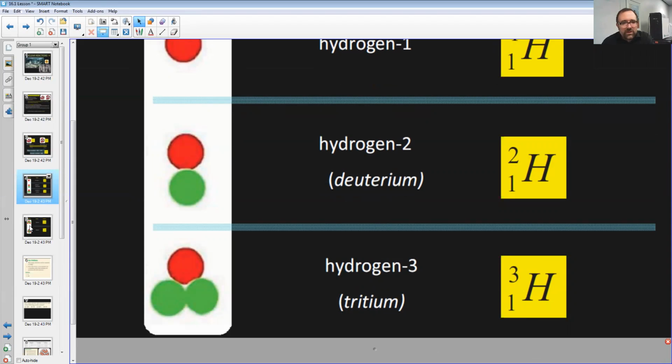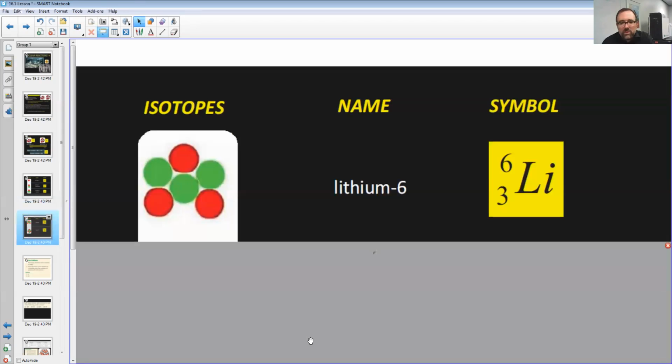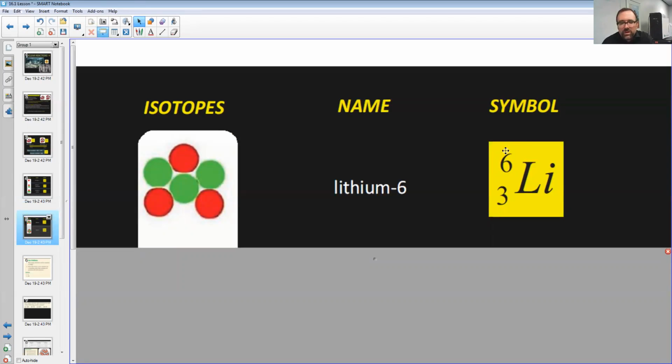With that, let's look at an isotope of lithium now. In lithium, the top corner number is 6. This means a combination of protons and neutrons gives us 6. Currently, we have 3 at the bottom, so that's the actual number of protons. That means we have 3 neutrons, hence 3 red, 3 green.